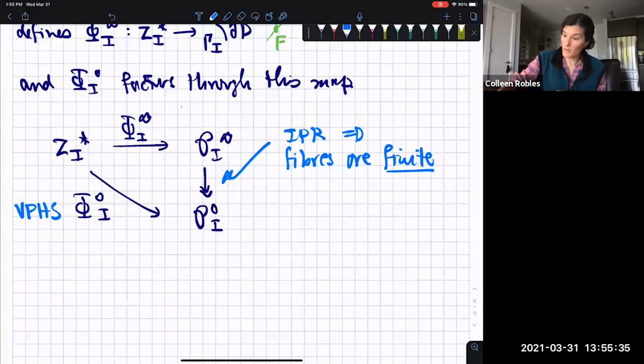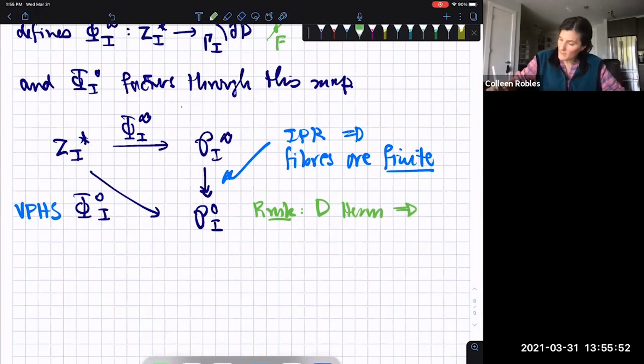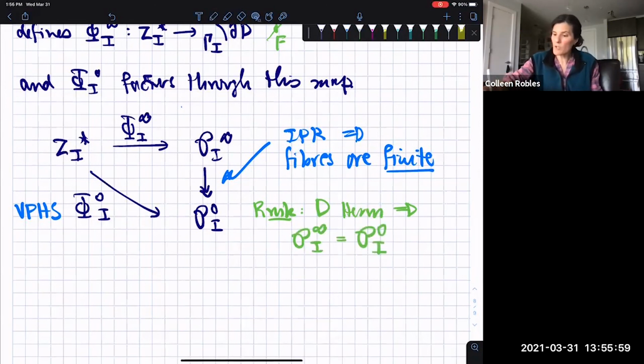Which is remarkable. It's remarkable outside the Hermitian case. Inside the Hermitian case, it's a trivial statement because if D is Hermitian, then that implies that that map is just an identification. P infinity I is P naught I. These images here are basically the boundary components in the Satake-Baily-Borel compactification.